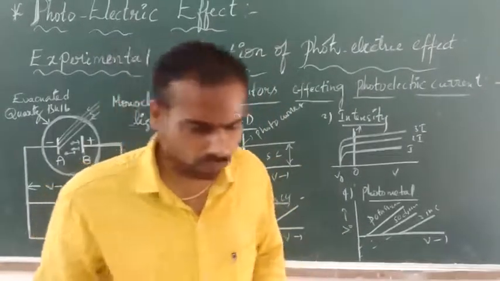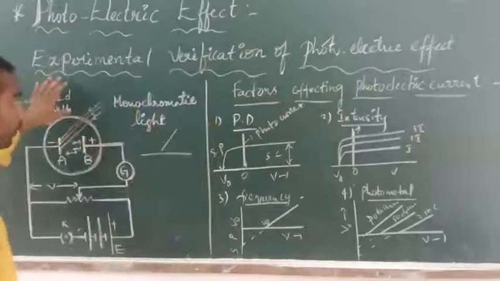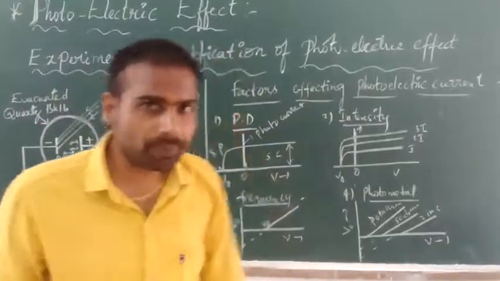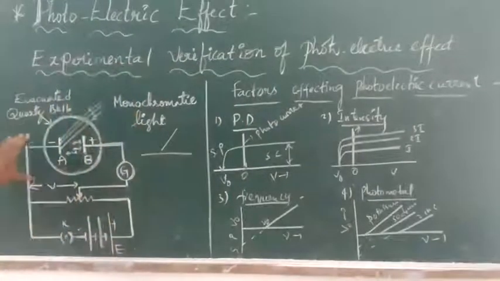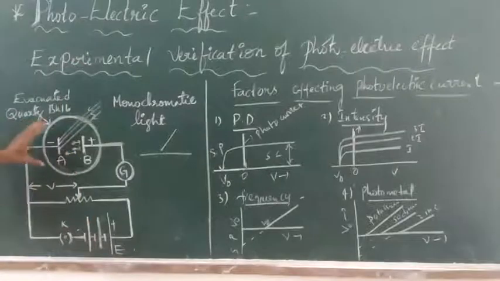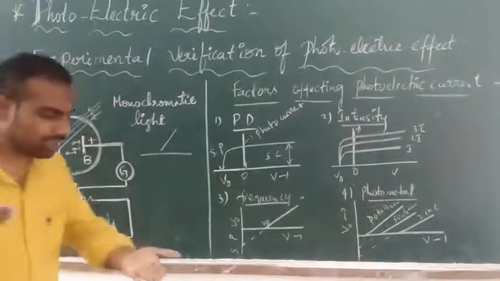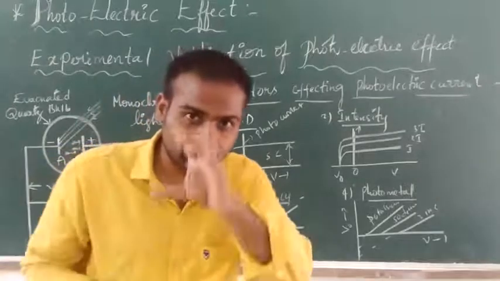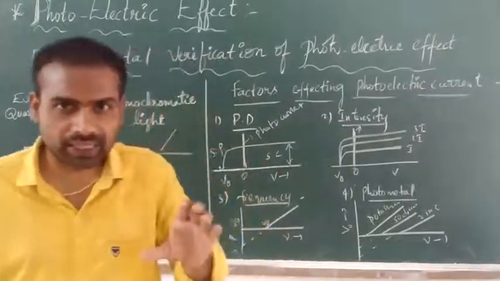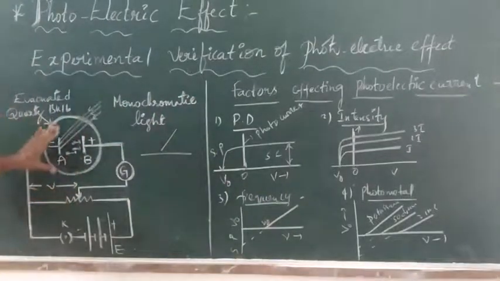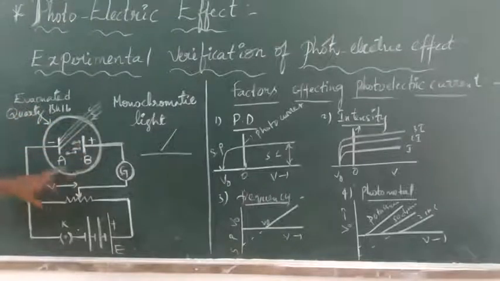Now, experimental verification of the photoelectric effect. To prove that when light falls on a metal surface it will eject electrons, we took one apparatus here. The apparatus consists of an evacuated quartz bulb.